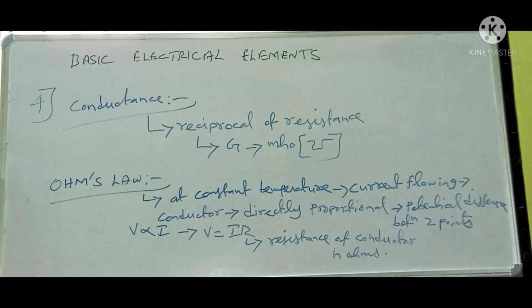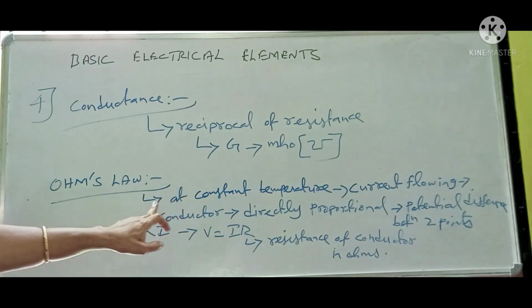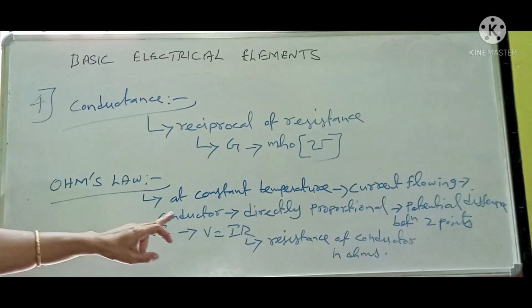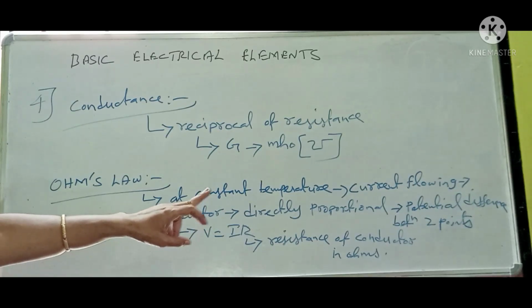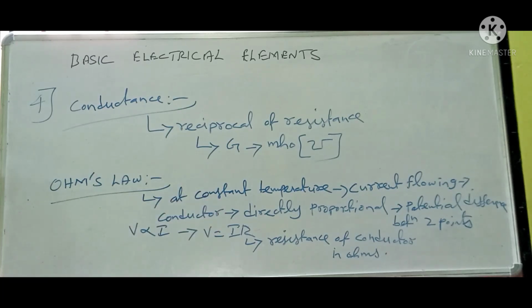The next basic law of electrical elements is Ohm's law. Ohm's law means that at any constant temperature, the current flowing through any conductor is directly proportional to the voltage or potential difference between the 2 points.